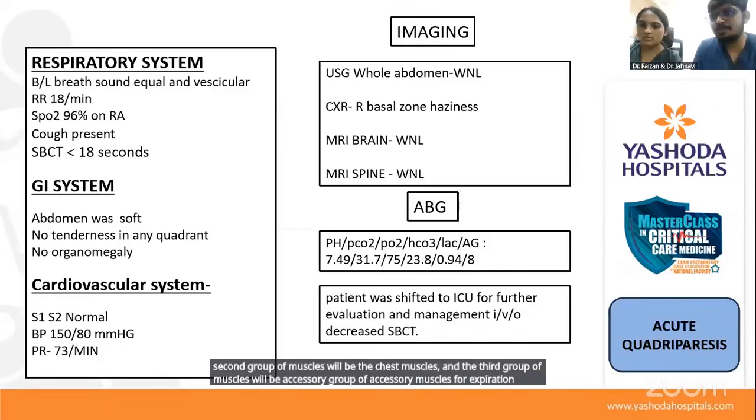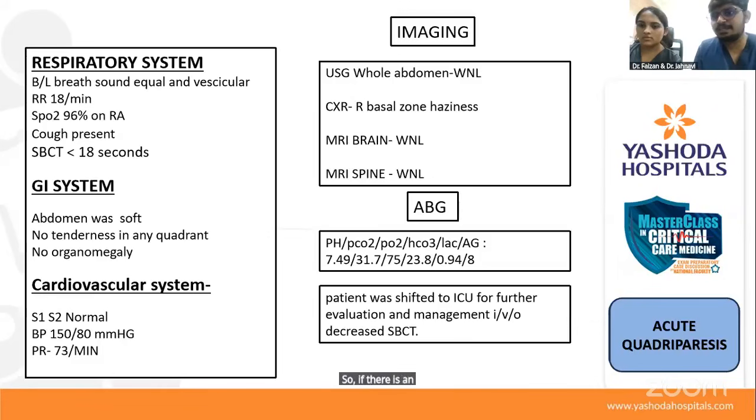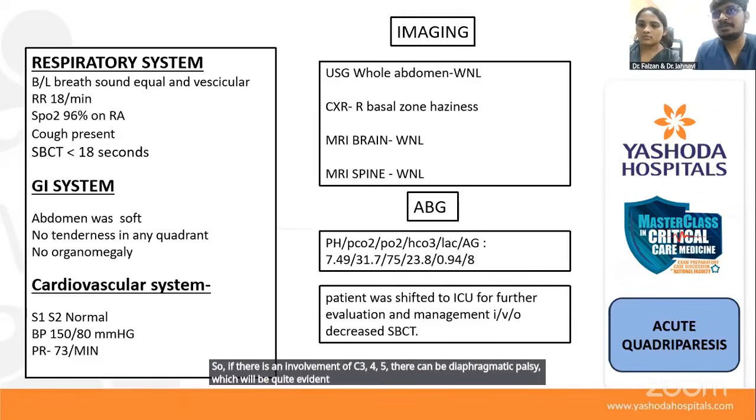If there is an involvement of say C3, 4, 5, there can be diaphragmatic palsy, which will be quite evident by the efforts put by the patient, and also the pattern of paradoxical abdominal breathing might be present.